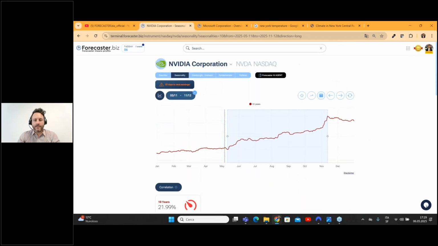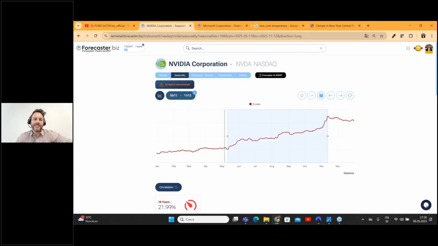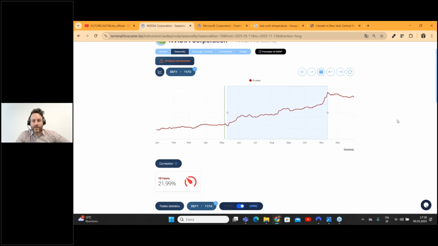In the case of Nvidia, it's very easy to see a very strong pattern during all the central part of the year. Of course, if you remember from the previous lesson on the stock indexes, you can find a more erratic situation. But for Nvidia, we can definitely say that we have a bullish pattern exactly here in this part of the year.